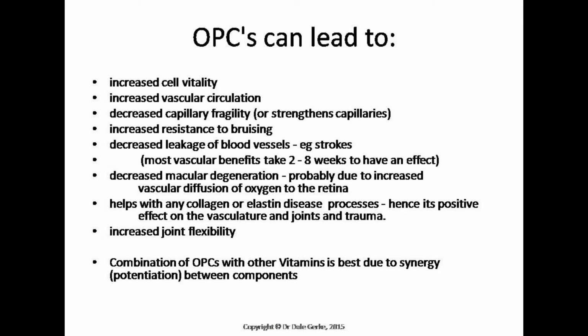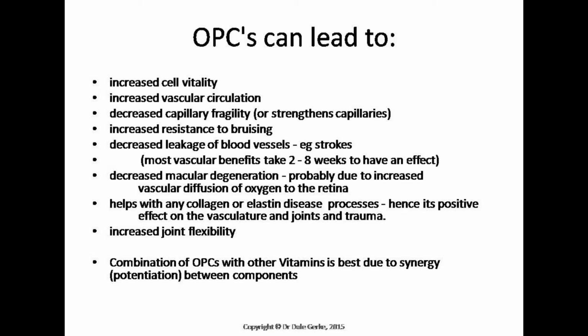So what do OPCs actually do? Well, they increase cell vitality, they increase vascular circulation, they decrease capillary fragility, in other words, they strengthen the capillaries, they increase resistance to bruising, they decrease the leakage of blood vessels, therefore they can decrease strokes. Most of these vascular effects take 2 to 8 weeks to have an effect.